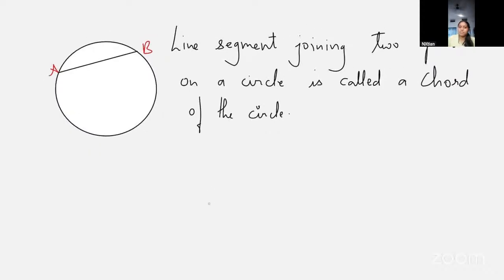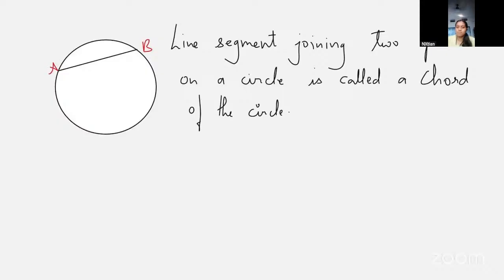So the line in the circle AB is a chord. Yes, AB is the chord. Example, AB, chord.